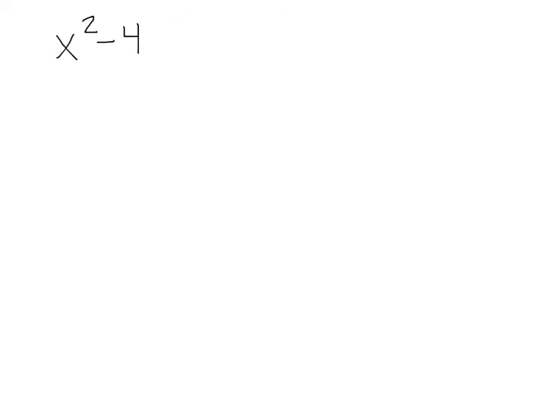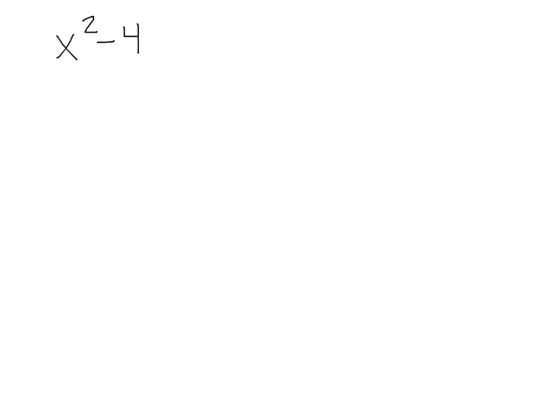So now we want to factor x squared minus 4. In order for us to know if this is a difference of squares, we have to evaluate three things. Is my first term a perfect square? Answer yes or no. Yes. Is my second term a perfect square? Yes. Is there a minus sign in the middle? Yes. Since all three of those are true, you can factor it. Okay, now tell me this.